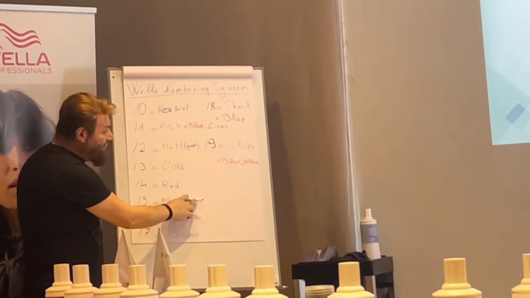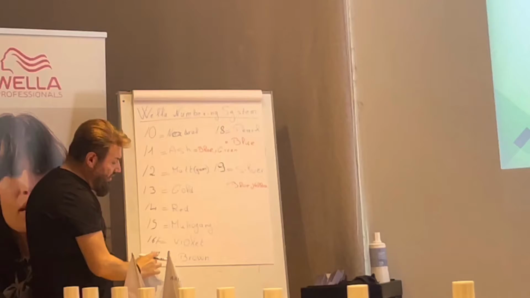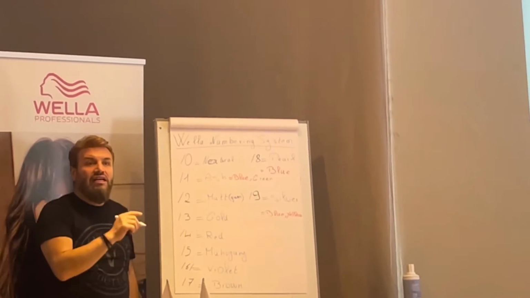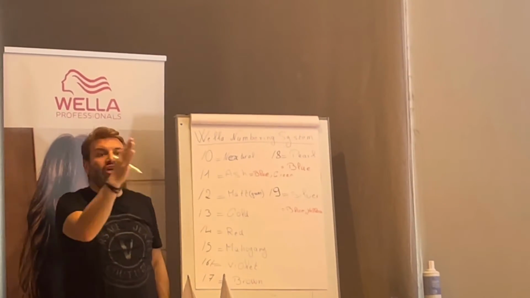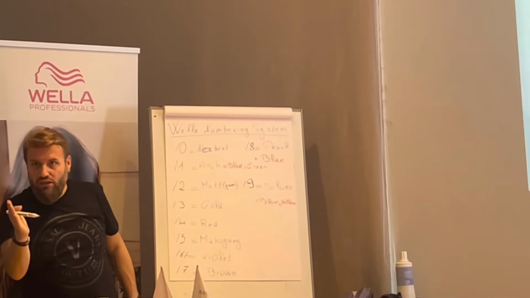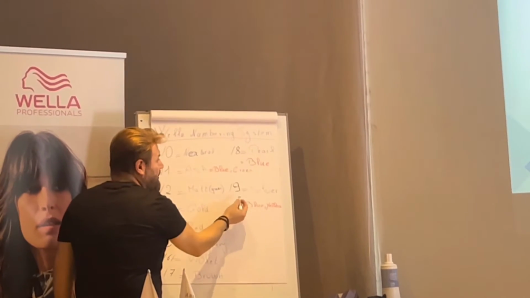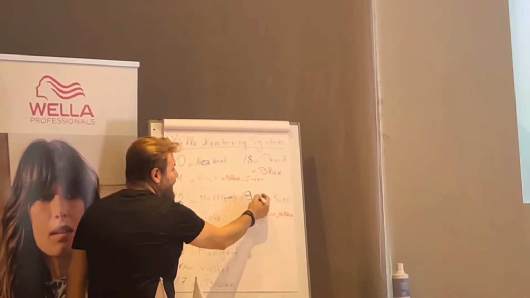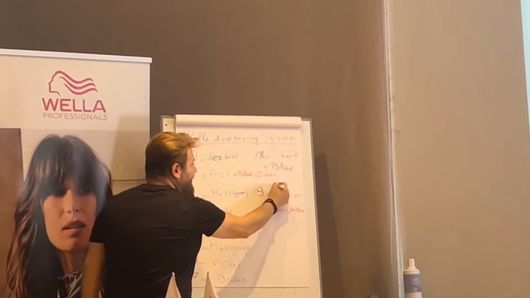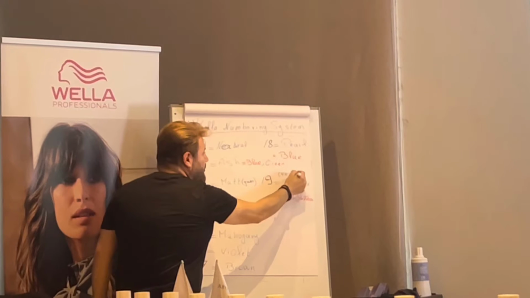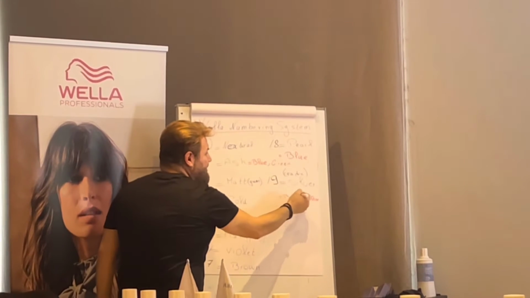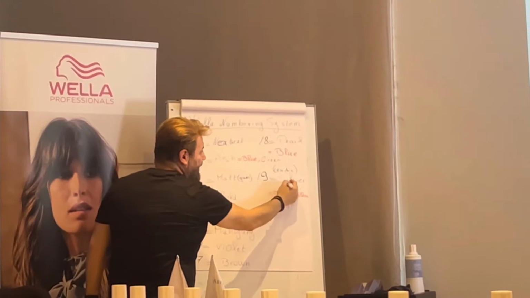Stroke 5 is mahogany, stroke 6 is violet, stroke 7 is brown. This is not level, it's shade, it's a tone. Okay, it's a reflection. Stroke 8 is pearl, stroke 9 is cendré, it means smoke. Okay, so this is blue and silver.